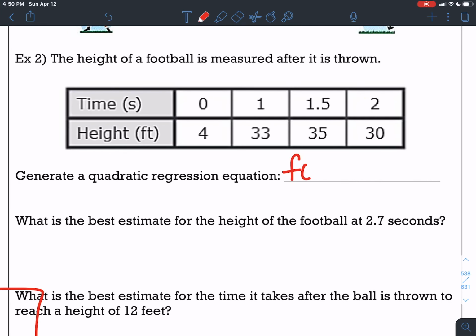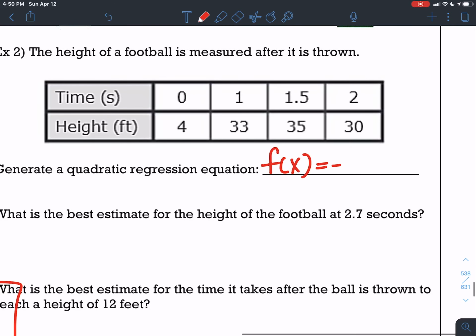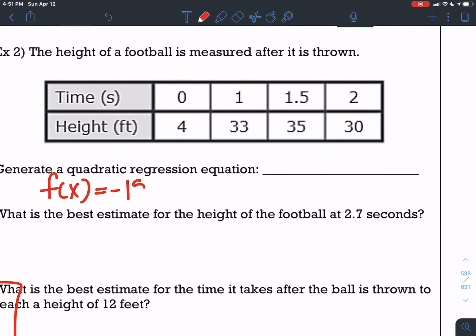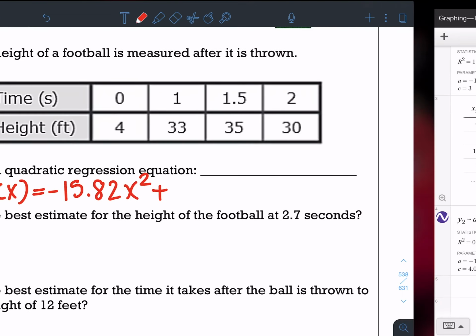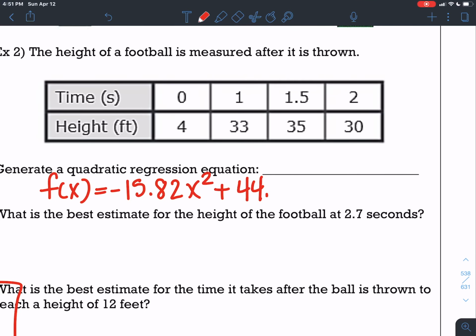So f of x equals negative, I'll write it below because I'm running out of space here, 15.82x squared plus 44.56x plus 4.04.